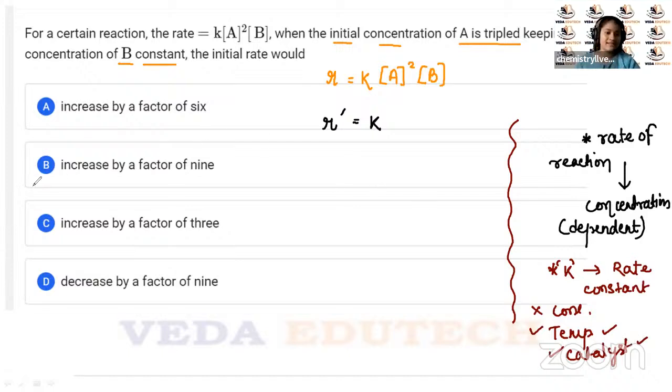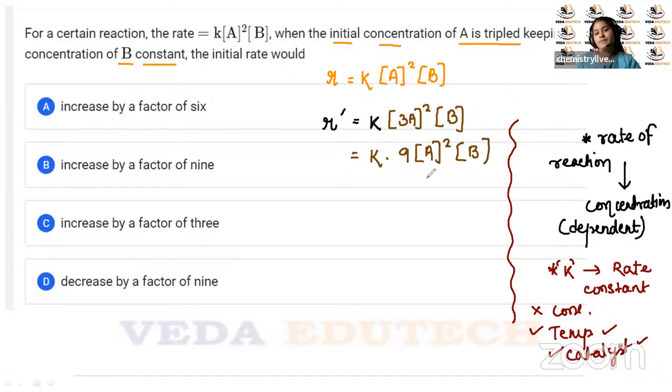Okay, let us see here. So K is not going to change, but in terms of A, you wrote it as 3A. And this is B, right? So K I'll keep as it is. This is 9 and this is A square. This is B, right? Okay, so I'll bring 9 to the front. So this is K. Yeah, that's it.